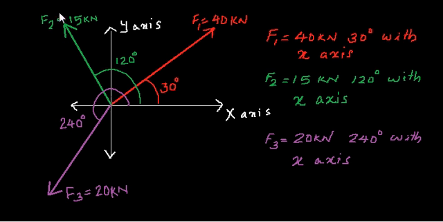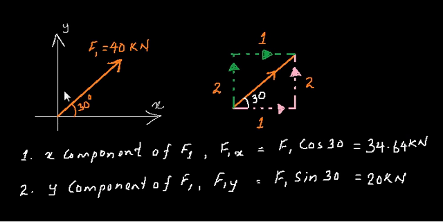The force is 15 kilonewton, and a third force of 20 kilonewton acting at an angle 240 degree with the x-axis. We have already resolved the first force, the 40 kilonewton, into two components, the x component and the y component. So you've got 34.64 along the x-axis and 20 kilonewton along the y-axis.